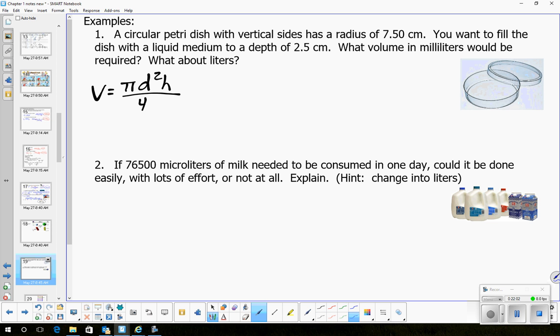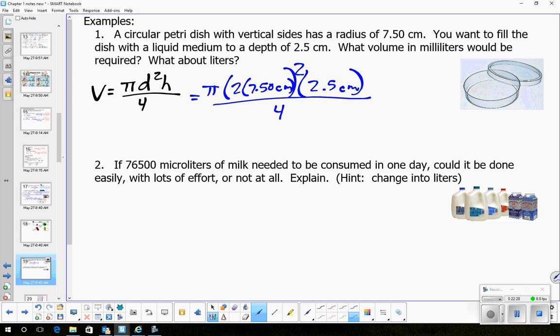So pi, diameter would be 2 times 7.5, and that's centimeters. And I'm going to square that times the height, 2.5 centimeters, divided by 4.